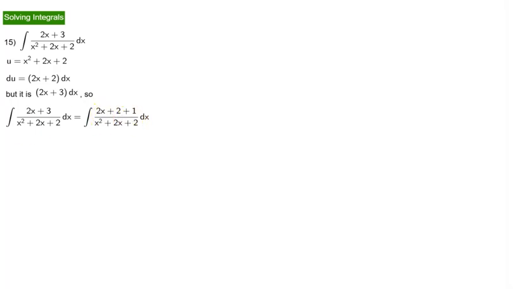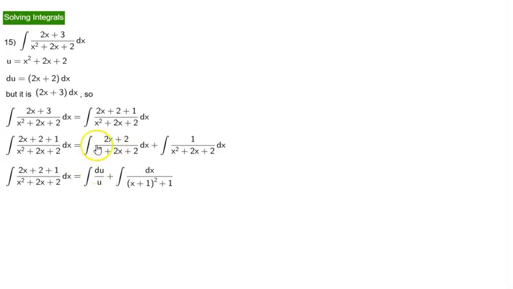And we split this as two separate fractions. In one fraction, we have integral of 2x plus 2 by x square plus 2x plus 2 dx, plus integral of 1 by x square plus 2x plus 2 dx. So here the first one, based on this substitution, becomes integral du by u, plus, and this becomes integral dx by (x plus 1) the whole square plus 1.